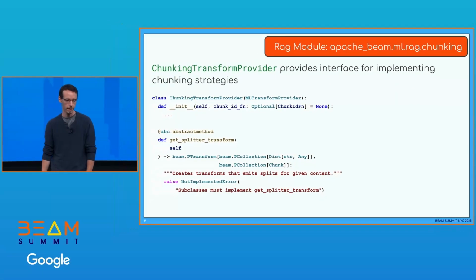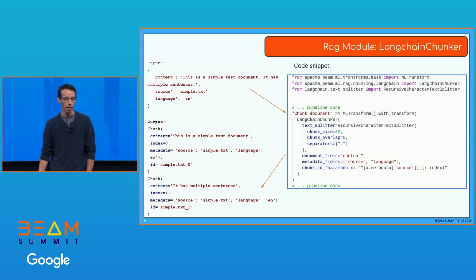So here the user defines the transform that splits the original document into sub-documents, or possibly for images into smaller pieces. It consumes an unstructured dictionary, and it outputs a collection of chunks. So the concrete implementation of this so far makes use of LangChain's chunking text splitters.